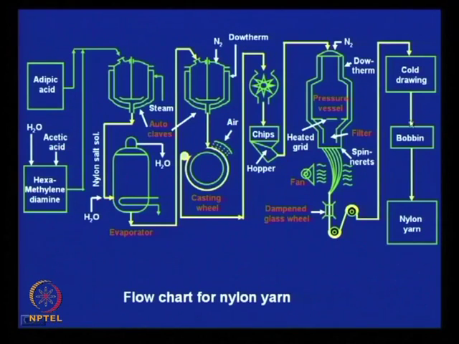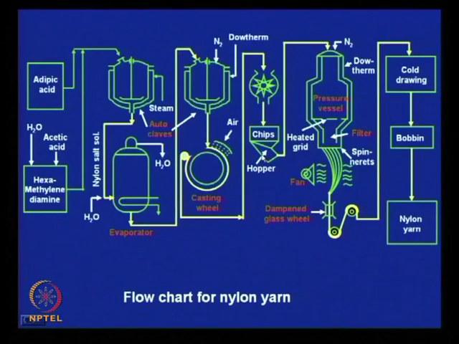So, you will get nylon chips, and then that nylon chips can be used for many purposes, for product fabrication, say for fiber drawing or casting of some structural items like say gears and other things.